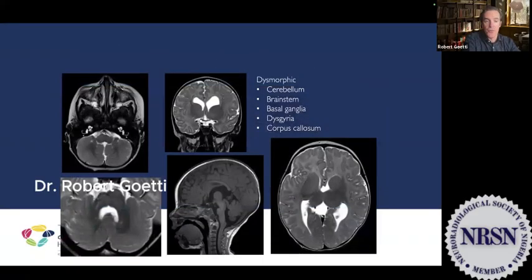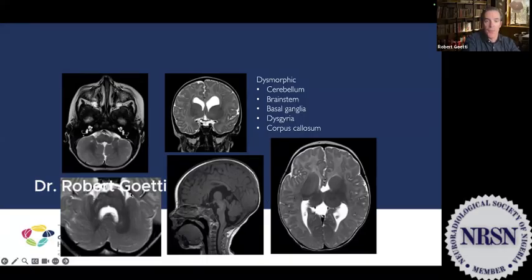Now, there's other disorders where we can have similar abnormalities. So in this patient, we have a dysmorphic cerebellum. You can see the cerebellum is asymmetrically abnormal. The brainstem is also asymmetric. Basal ganglia look dysplastic, partially fused, so we can't see the posterior limb of the internal capsule, which is an important finding, and the corpus callosum can be abnormal.